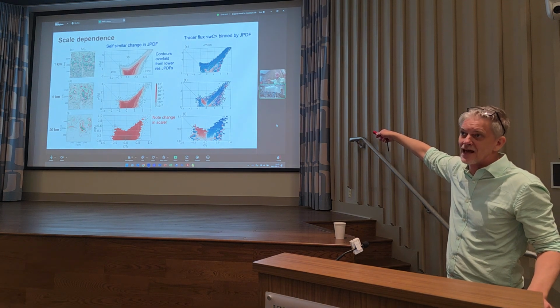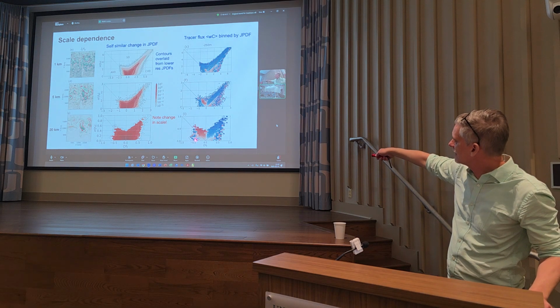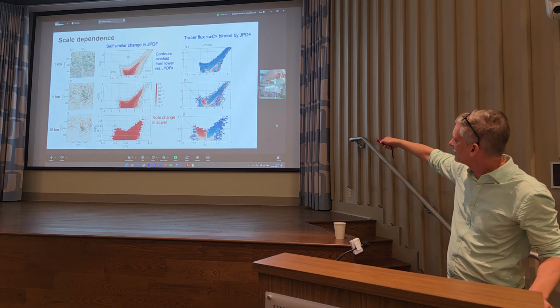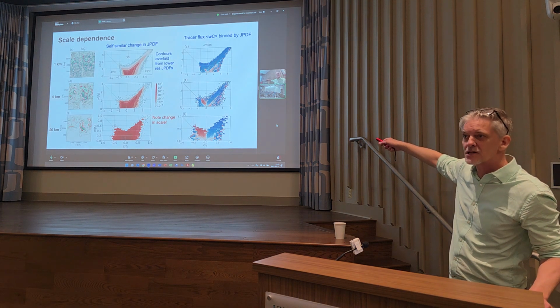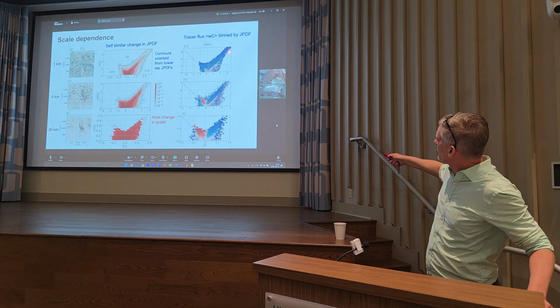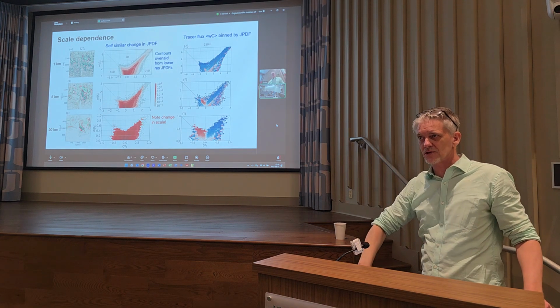So you get that from this convergence. You can see this contour there, and that little one is there, and the next one is there. So everything between this outer contour and there is from these new smaller scale features.